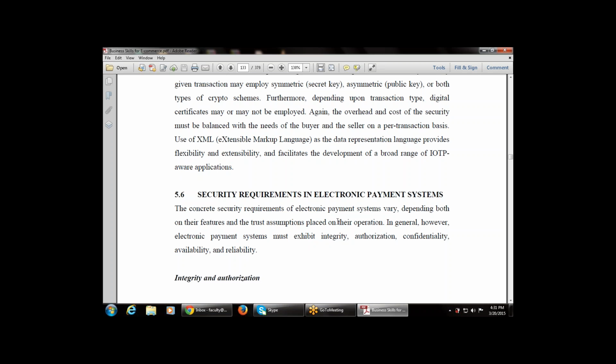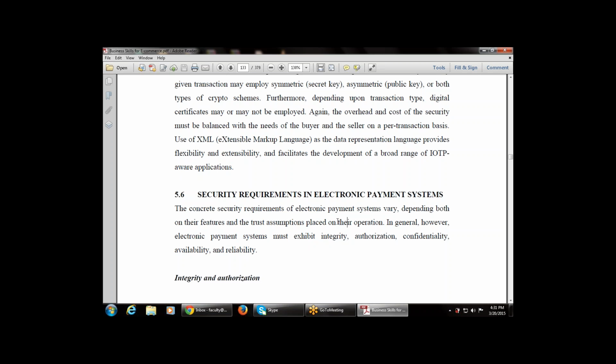The concrete security requirements of an e-payment system vary depending both on their features and the trust assumptions placed on their operation. So they vary from transaction to transaction depending upon the features and the trust assumptions placed on the operation.